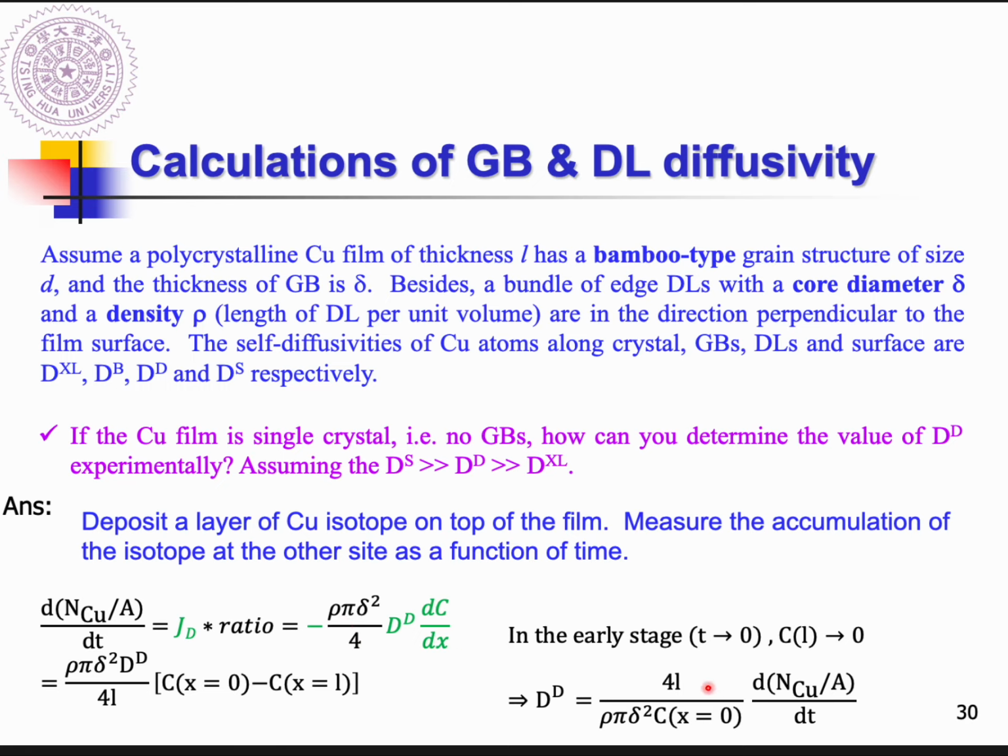So as long as we know the density of the dislocation, delta, which is also the diameter of the dislocation, and also the concentration of diffusing atoms before diffusion happens or on the surface, then we can estimate Dd in this case.